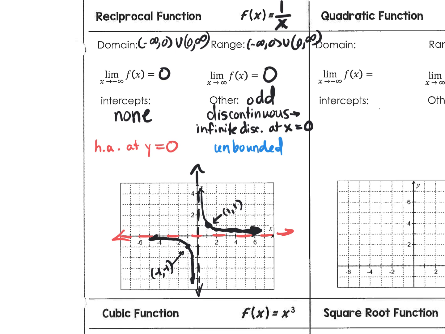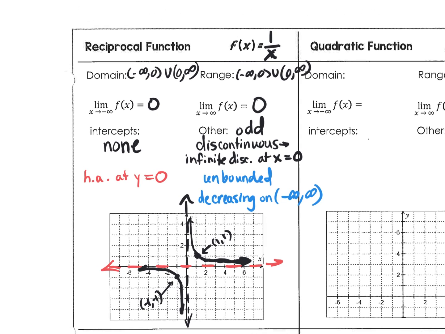This thing is decreasing. You see why it's decreasing? Look, from left to right, you're going down and then down again, aren't you? So it is decreasing over the entirety of the number line, isn't it? All right, so that's a reciprocal function.